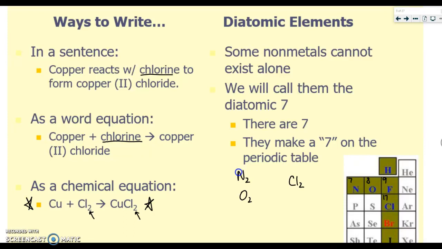Other elements on the periodic table do not just magically now get a 2 as well. It's only these 7. They make a 7 on the table. It's more like an upside down L, but it's kind of like a 7. And they start at element number 7. You do want to make sure you know these and remember them.